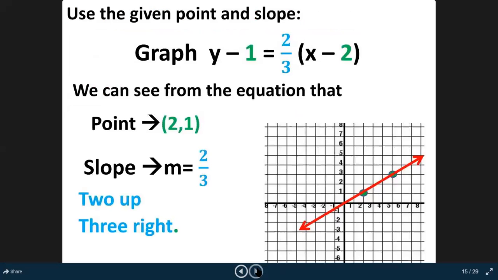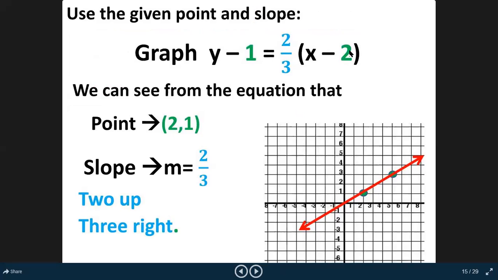And also, how are we going to represent it graphically? We can use the point 2 and 1. We can start from point 2 and 1, and then we will use the slope: 2 up and then 3 units to the right. We can use the point slope form directly to graph by picking up the point.